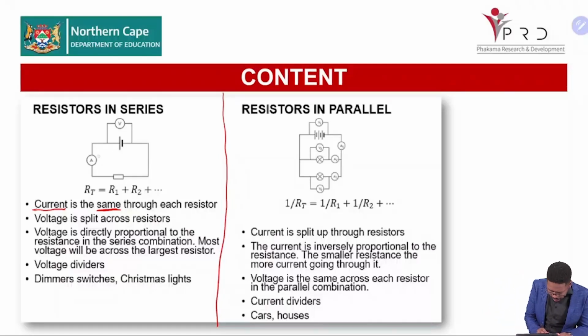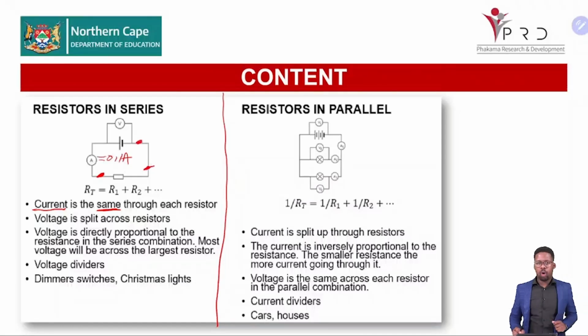So if you are measuring a current of 0.1 amperes here, the current that will be measured here will be 0.1. The current that will be measured here will be 0.1. Why? Because in series, the current is the same.